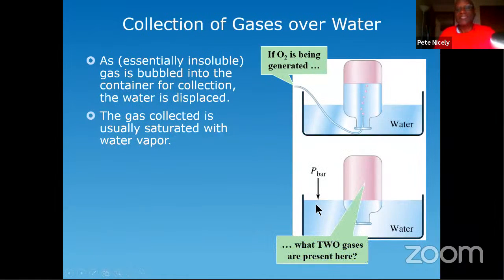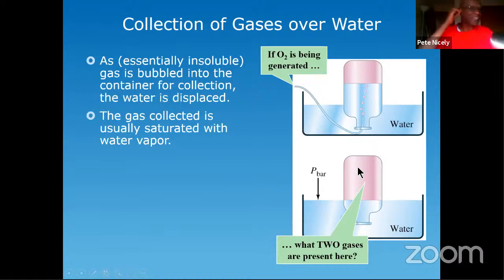The reason why we do that is because we want to make sure that the total pressure inside the jar is equal to the barometric pressure that is exerted on the surface outside the jar, all right? That makes our calculations for the pressure of the gas inside easier to determine, as you're going to see shortly.